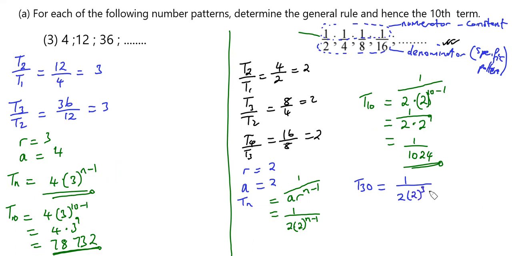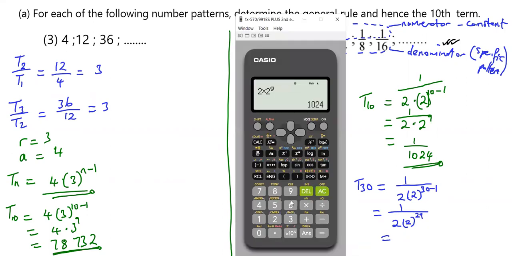What's called 30 minus 1, which is going to be equal to 1 over 2 in brackets, 2 to the power of 29. Then what do we get as a final answer here? If we say 2 times 2 to the power of 29, we get a big number there. This number is too much.